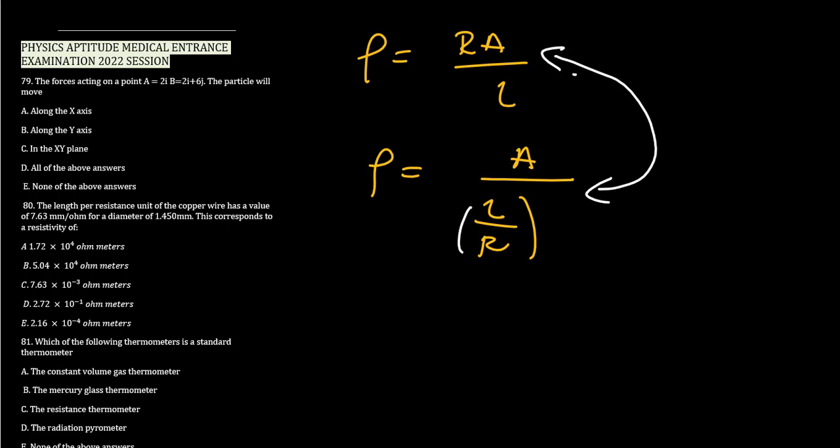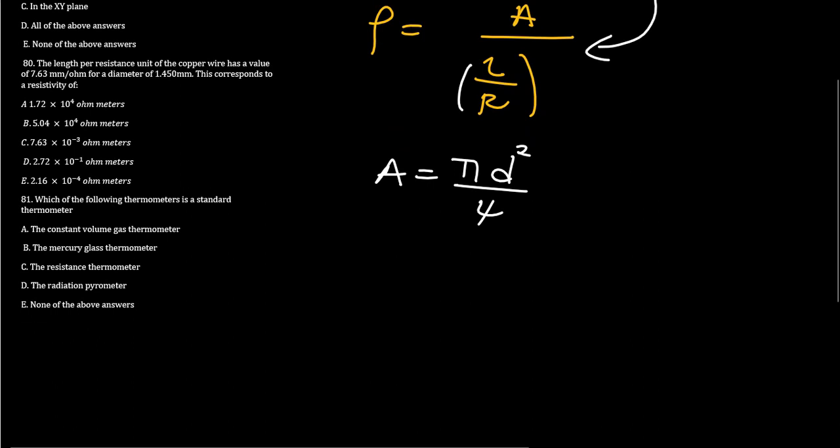Now the cross-sectional area A has the expression pi diameter squared divided by 4 for the wire, and so we can get the expression, we can get the resistivity of the wire.